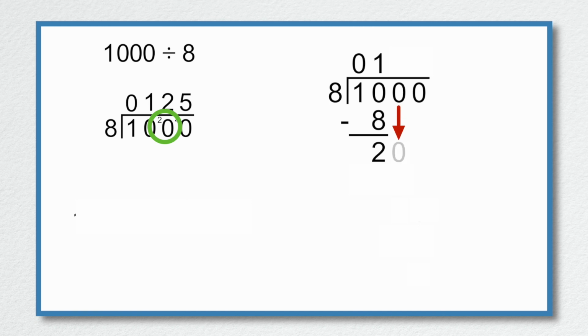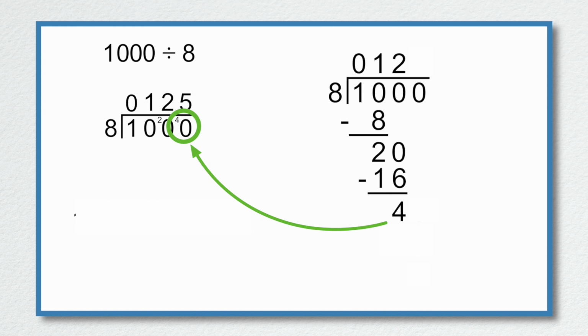We now bring the 0 down, so we're now doing 20 divided by 8. And we know that 8 goes into 20 2 times. 2 8s are 16. We subtract that 16 from the 20, and we get our remainder of 4. And there's our remainder in our short division answer.